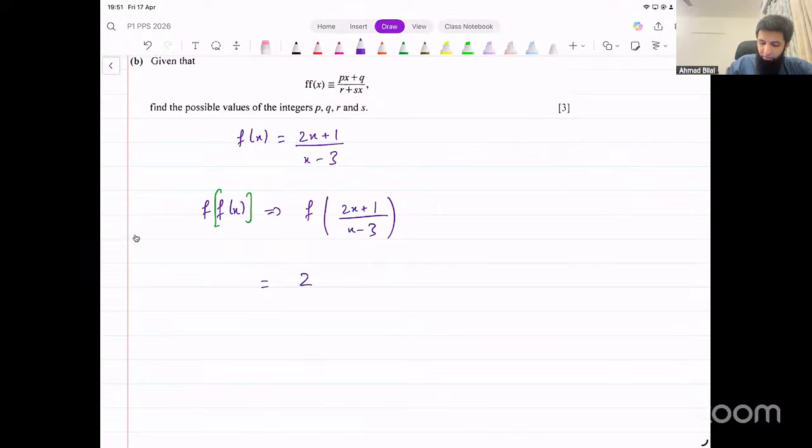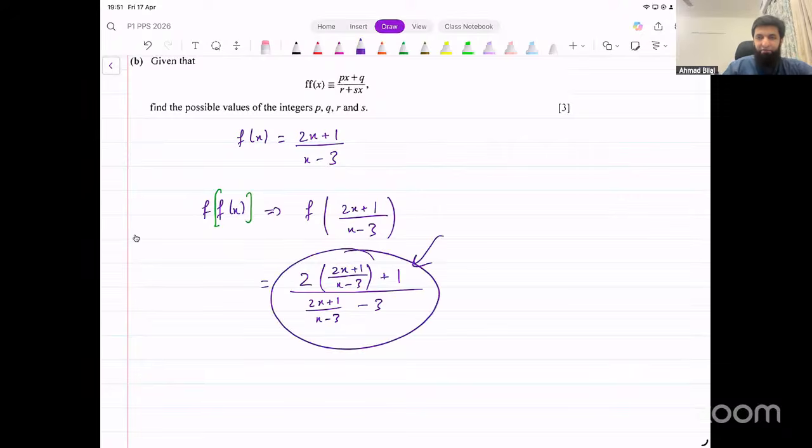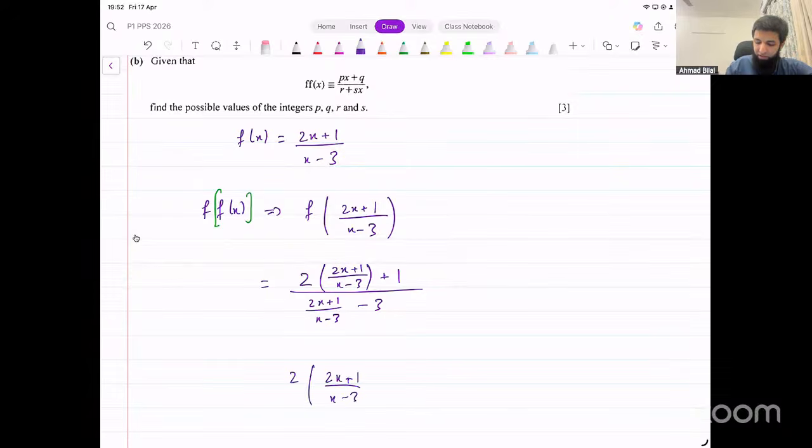You get 2 into 2x plus 1 divided by x minus 3 plus 1 outside, whole divided by 2x plus 1 over x minus 3 minus 3. Now, those of you who get confused with expressions like these where you have fractions inside a fraction, you could write it separately as well: 2 into 2x plus 1 over x minus 3 plus 1, divided by 2x plus 1 over x minus 3 minus 3.